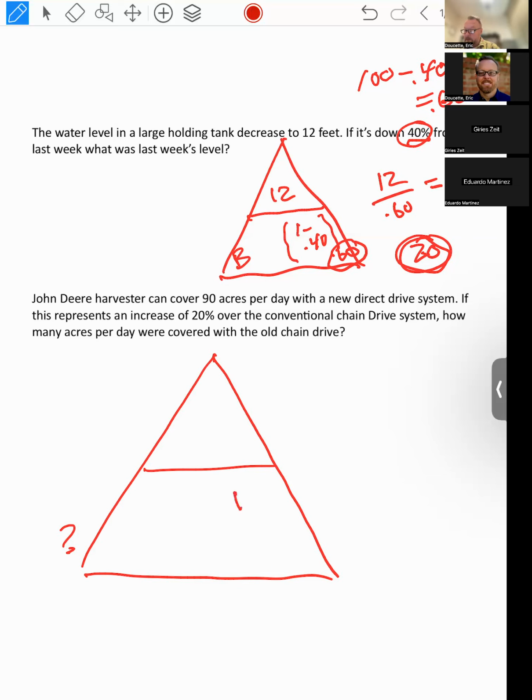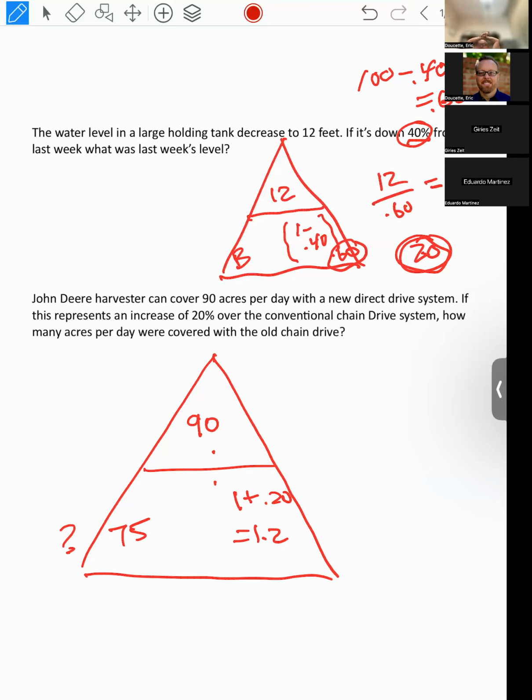So that means, if it's an increase, I'm going to add 20% to 100%, so that gives me 1.2. So if I take my 90 acres, that's my portion, and I divide it by 1.2, it equals 75.